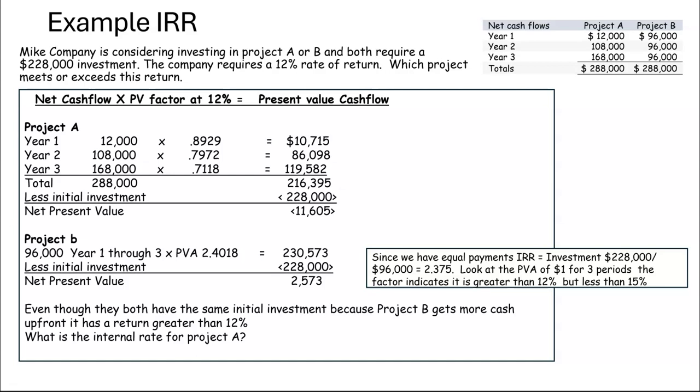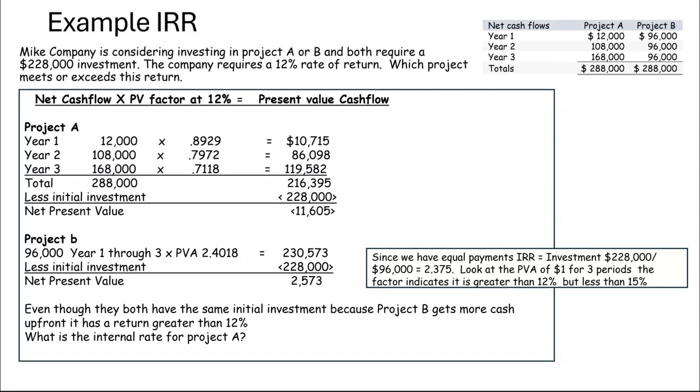We get 2.375, and we look at the present value table of $1 for 3 periods, and we go across. We see that the 2.375 falls between 12% and 15%. But unfortunately, they don't do 13 or 14%, so we only know it's within that range, which means it's returning a better return than 12%.